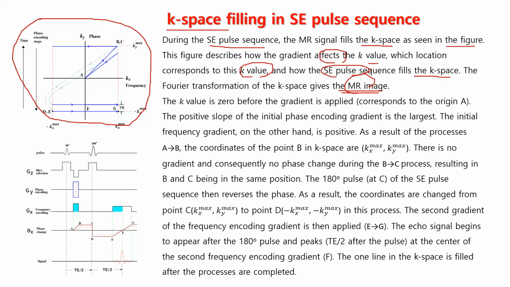Now let's see how the MR signal fills the k-space. The k value is 0 before the gradient is applied. This corresponds to point A, this point.